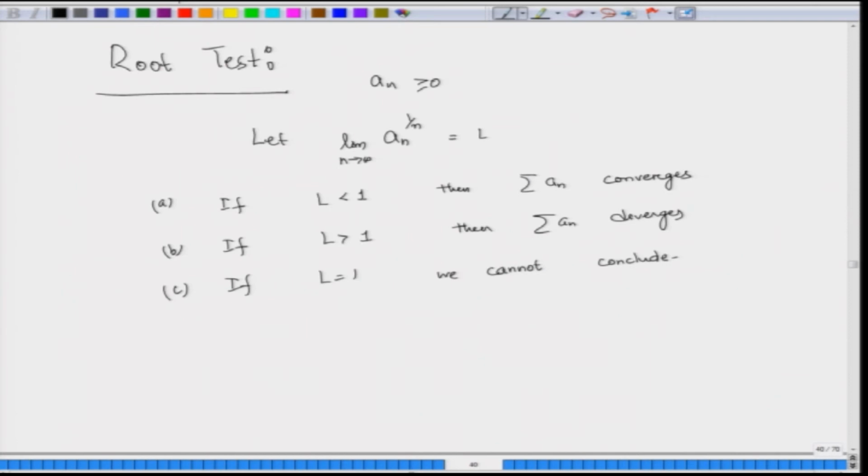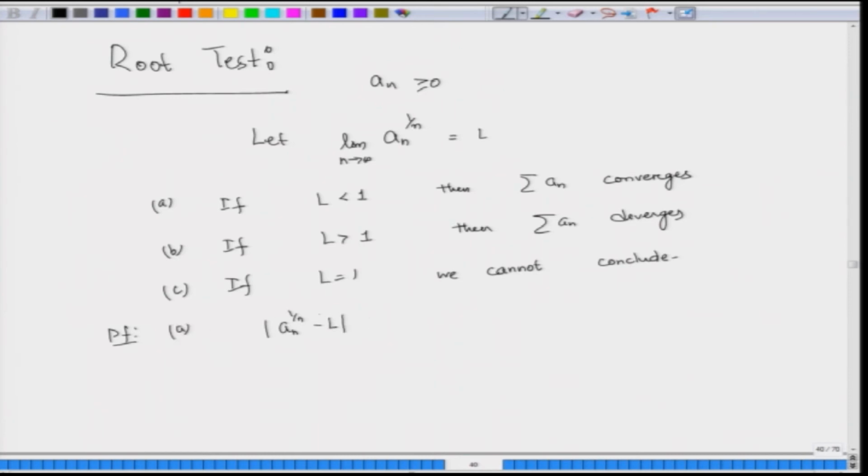Okay, the proof is essentially similar in nature, so we will just get the sketch of the proof. Now, what do we know? |a_n to the power 1/n minus L| is less than epsilon.